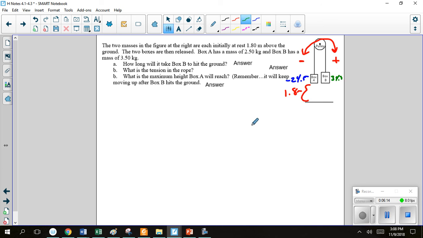Just like we did before, our net force equals force A plus force B, and if there was friction in there, we'd add friction too. I add all the forces for net force. So our net force here is negative 24.5 plus 34.3.